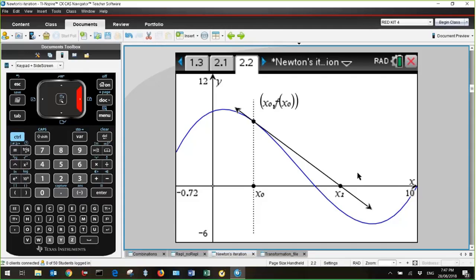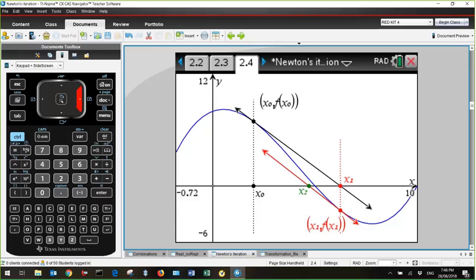For the next iteration, I then take the value of x1 and approximate the graph to the tangent at the point x1. And that tangent now intersects at another point x2. Now, provided that my initial value was well chosen and something hasn't gone wrong, and as we'll see, sometimes things can go wrong, if nothing has gone wrong, then the next approximation should be even better.